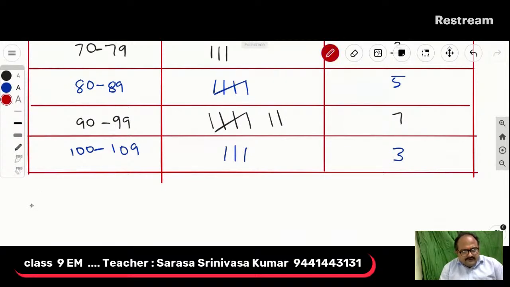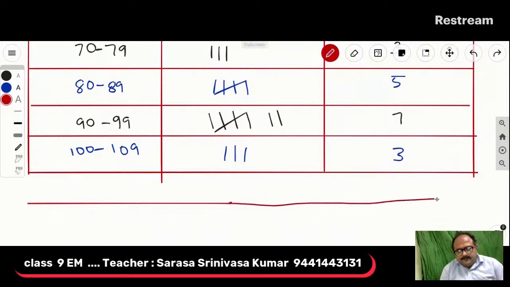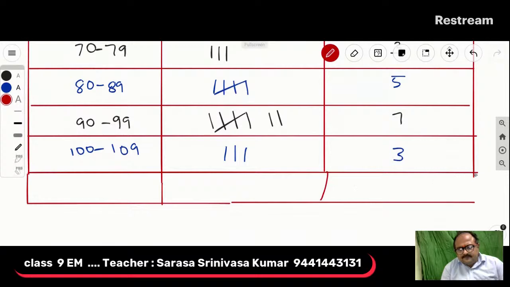Now we consider the next class interval, 110 to 119. The last class interval is 110 to 119.